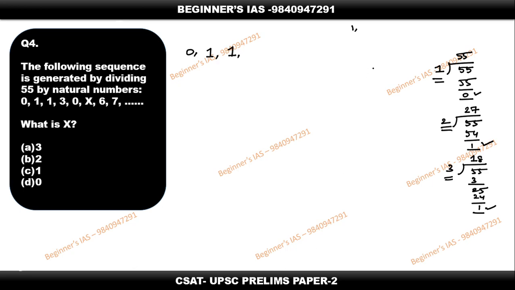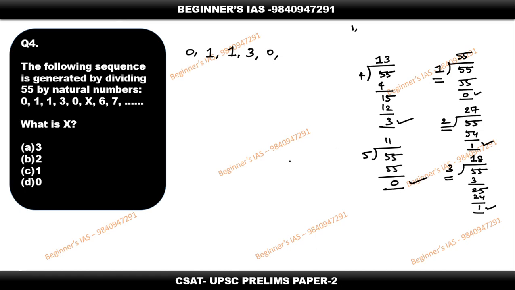Now again I am going to check with 4. 4 thirteens are 52, remainder 3. Then with 5, 11 fives are 55, remainder 0. Yes, the remainders are following the pattern. So now it is very important.